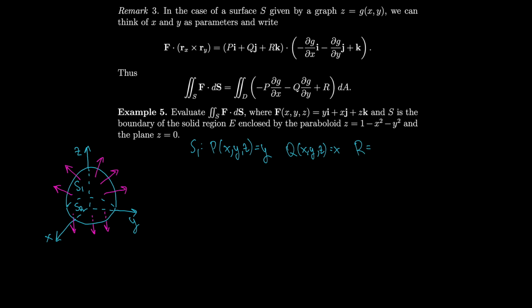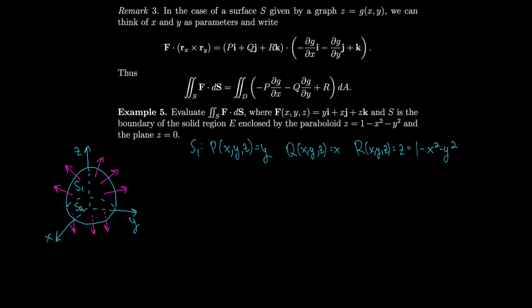But we have to write z in terms of the region enclosed by the parabola because we're trying to take advantage of the fact that z is a function of x and y. So we'll write that R of x, y, z is equal to z, which is equal to 1 minus x squared minus y squared.